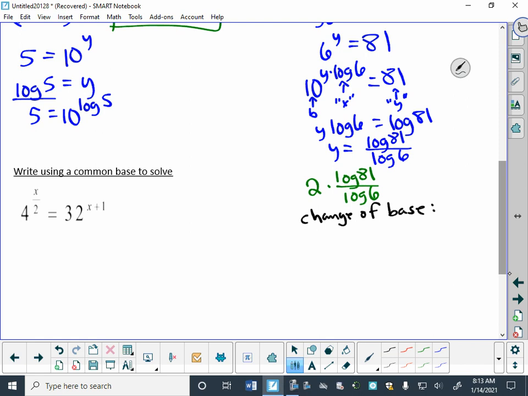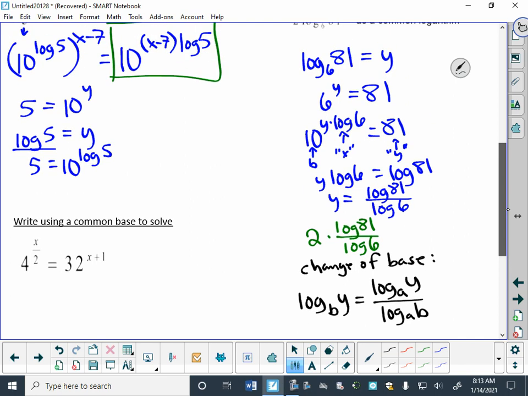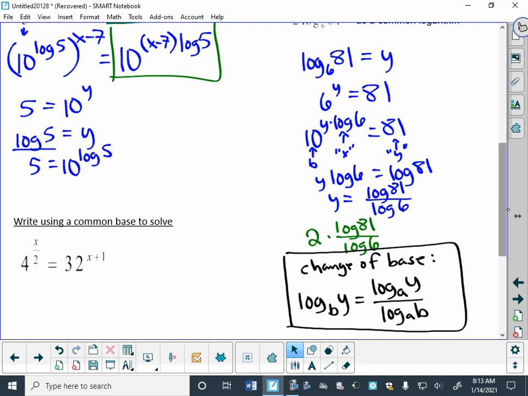And the change of base formula for logarithm says that the log base b of y is equal to the log base a of y divided by the log base a of b, the old base. Okay? And we can see that happening in here. We chose to go to a log base 10, so we did the log base 10 of 81 and divided by the log base 10 of 6, which was the old base. So this is our change of base formula.